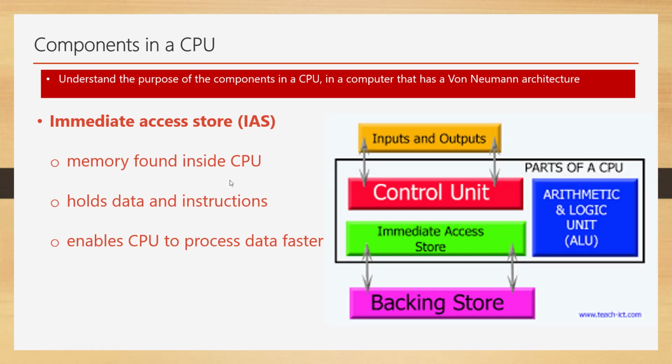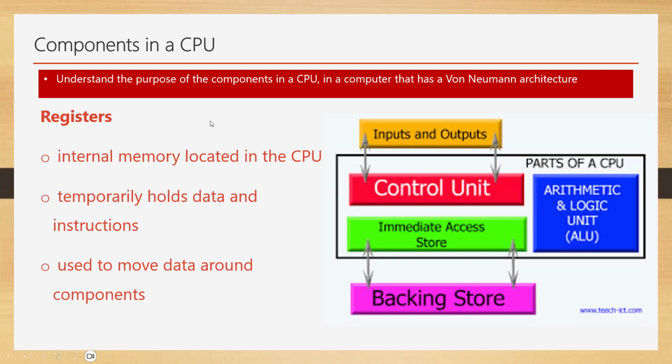Then the next area I have right here is registers. So registers, what are registers? You can consider them as stages that are used for sending the data from one place to another. So, what is the use of registers?